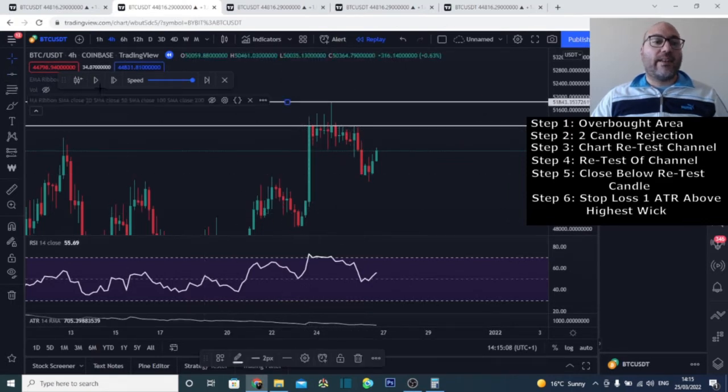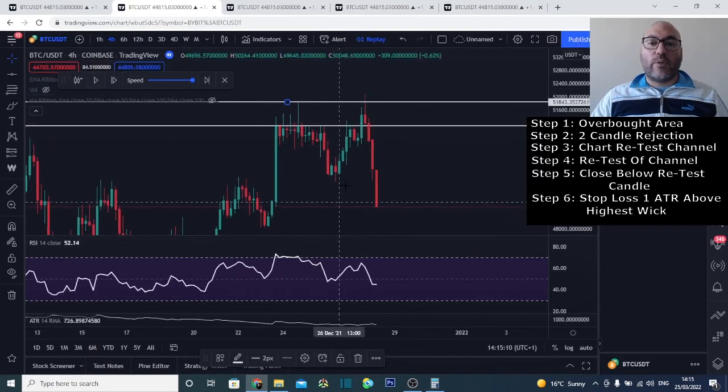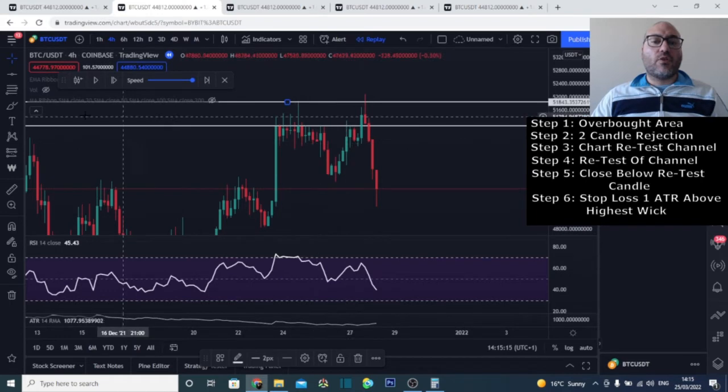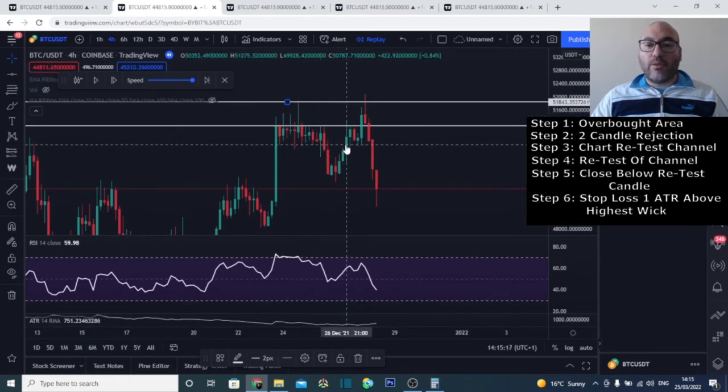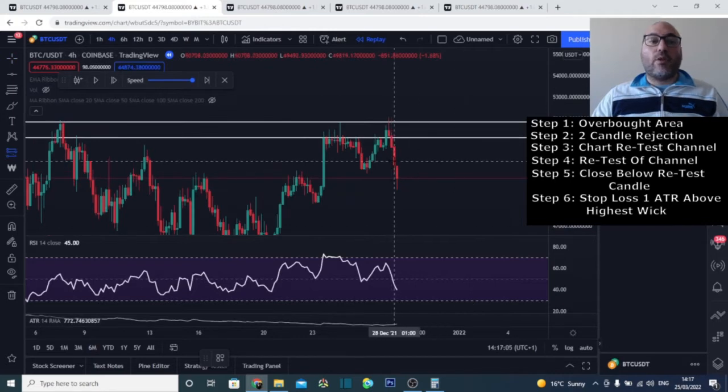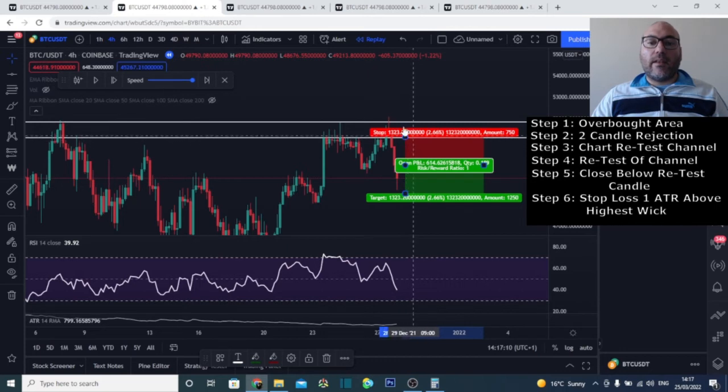Step 4 is a retest of that channel, which we got here on this blue candle. So we want a close below it, which we got on this candle. So here we're gonna put our short trade and 1 ATR, which is 772 above the highest wick here.